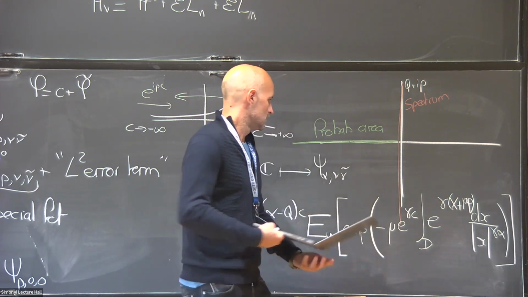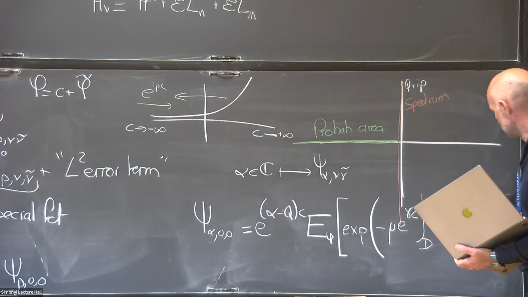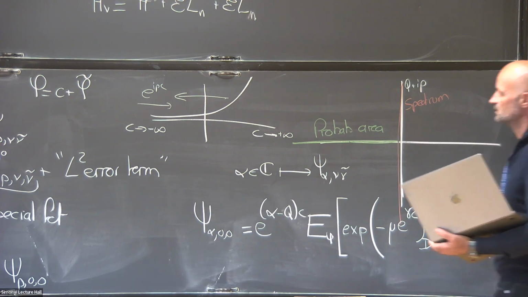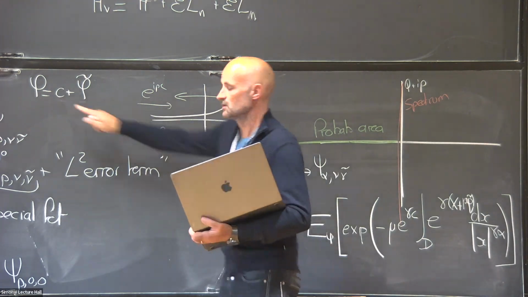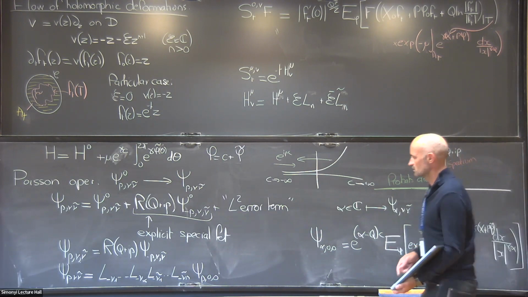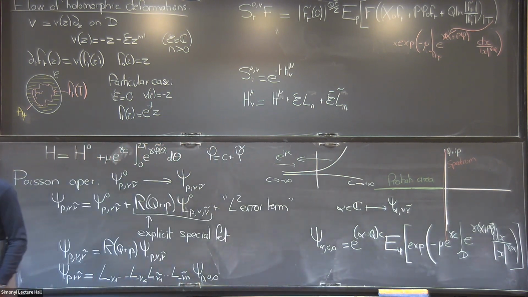Actually, here I have removed the zero mode from the boundary field. So you have a probabilistic representation for the eigenstates, at least the ground state, and also for the descendants, but it's more complicated.